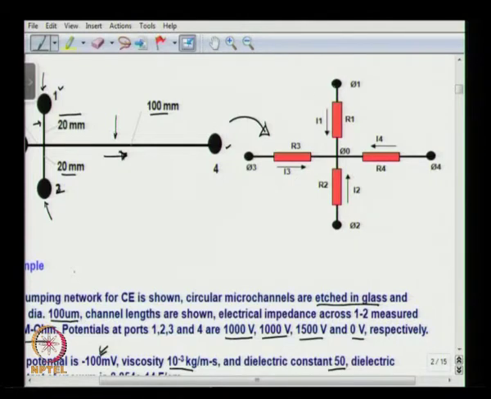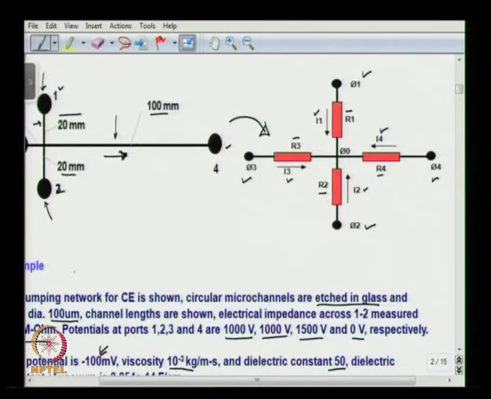So, at junction 1 it is phi 1, at 2 is phi 2, this is phi 3 and that is phi 4, and we define the resistances R1, R2, R3 and R4 and the currents I1, I2, I3, I4. For convenience we define all the currents as coming towards the junction. Of course, that will not happen due to Kirchhoff's law, so we will get some currents in fact in the reverse direction.